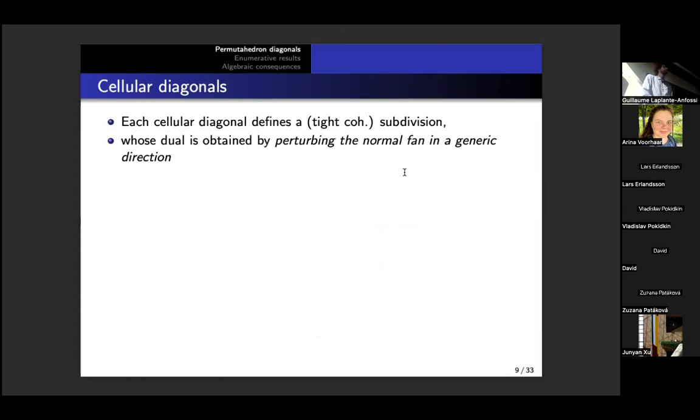And the reason why I pictured the associahedron in the permutahedron as I did is because when you have a section of this projection, you look at the image of this section, you project it down again, and what you get is a subdivision of your initial polytope.